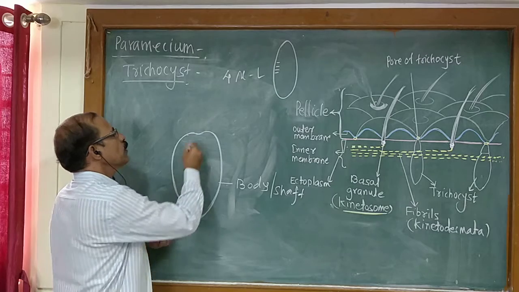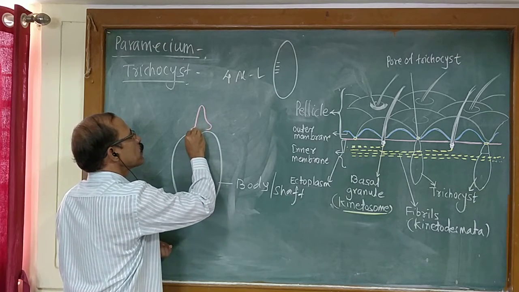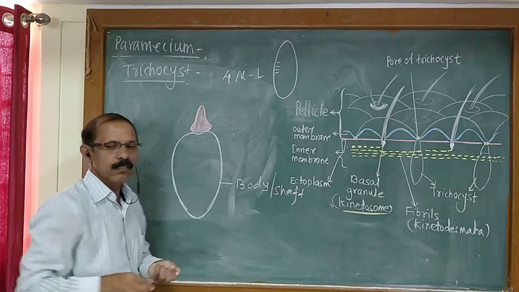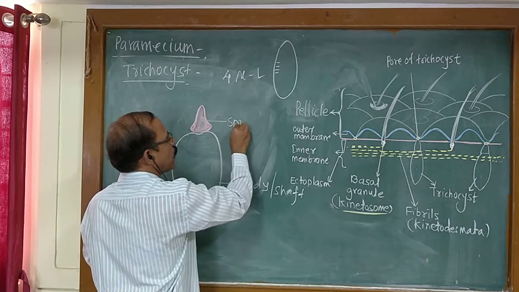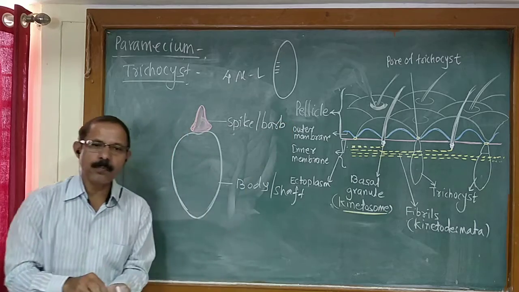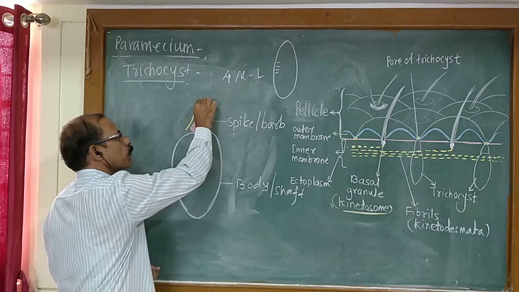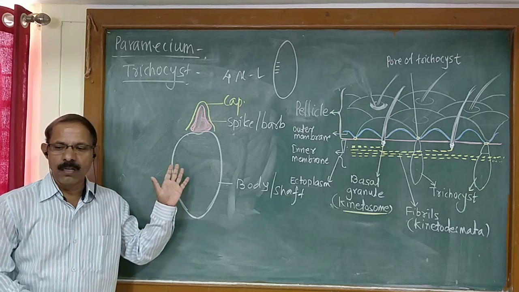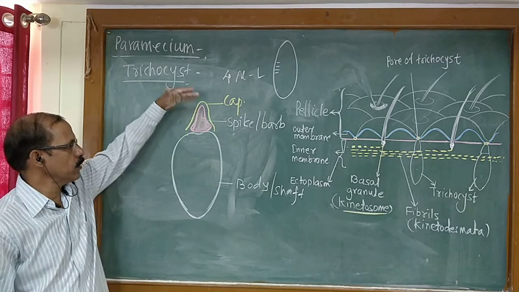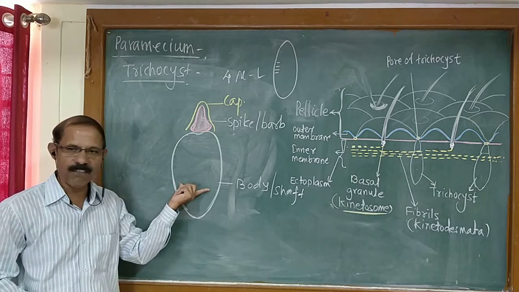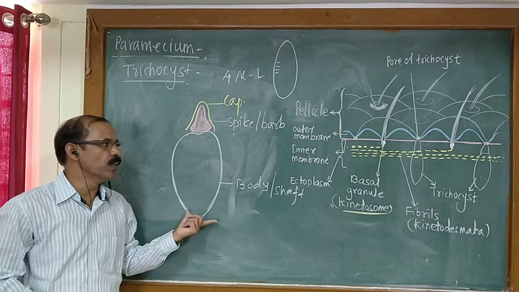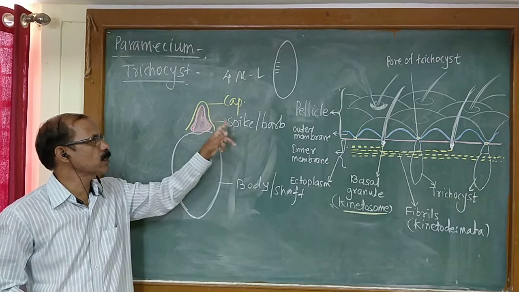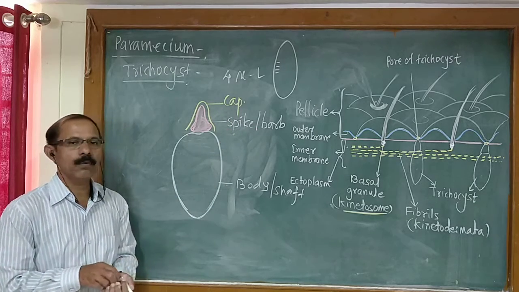The outer part is called the spike or bar, present towards the pellicle, and this spike or bar is covered with a cap. Structurally it is 4 micron in length.